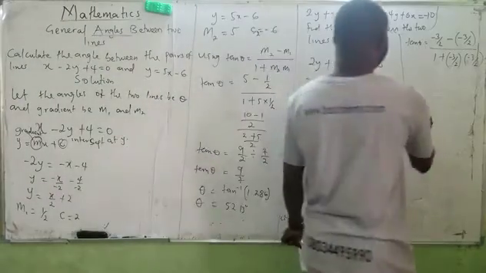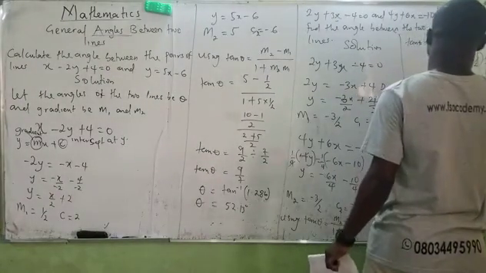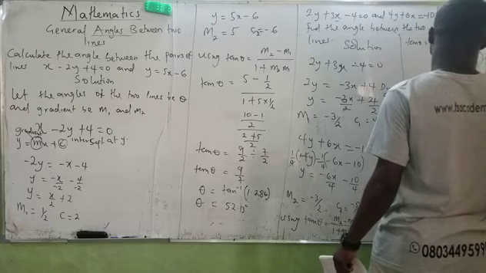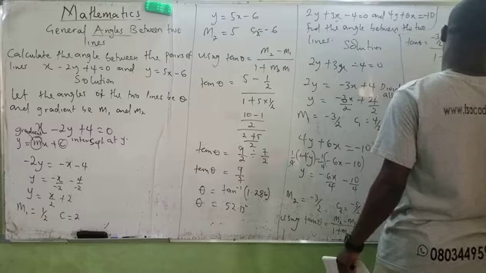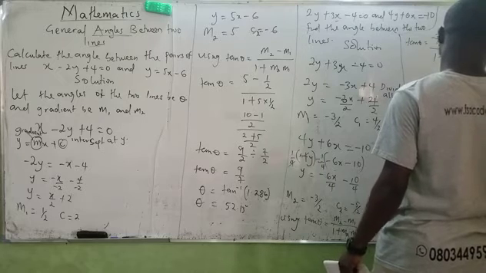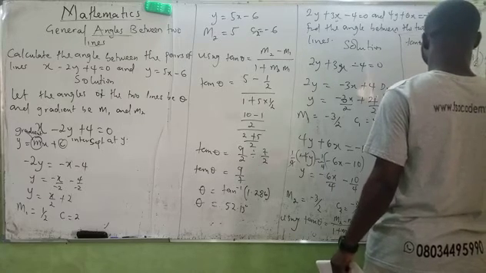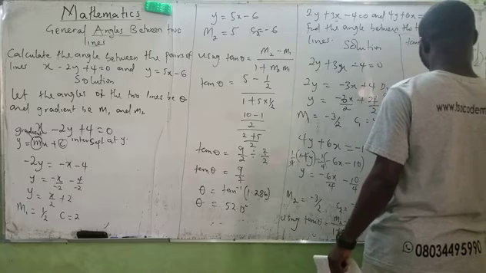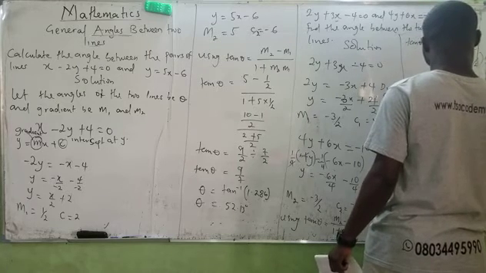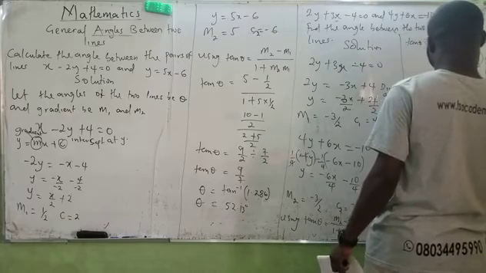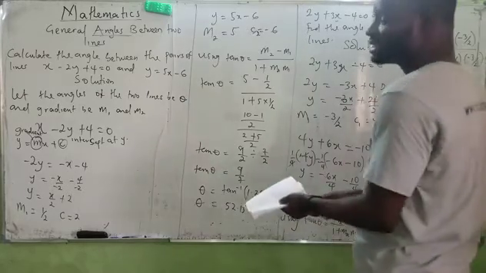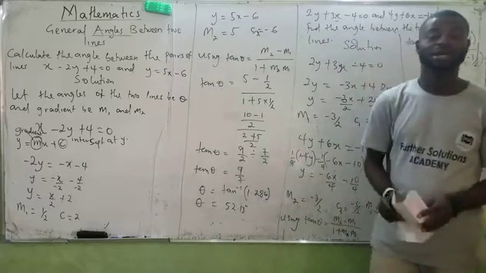It means I'll be having tan theta equals to 0 divided by 1 plus 9 all over 4, which is going to be 0. Now, it means tan theta will be equals to 0, and theta will be equals to tan inverse of 0, which is 0. Theta equals to 0. Now, can you see? It means it's parallel. That is all about that.